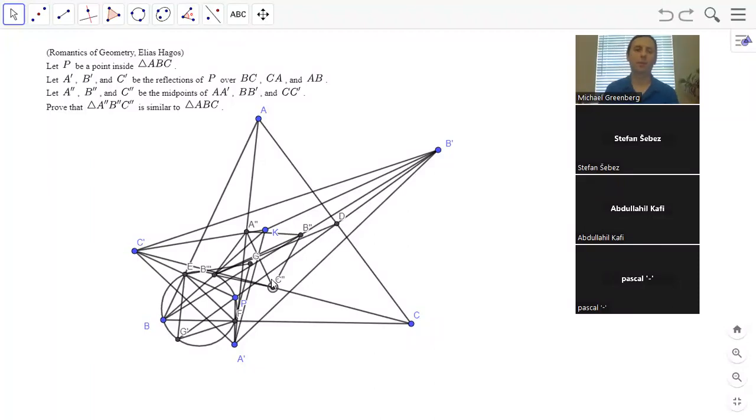Yeah, so, but yeah, that's one way to formulate it. We construct K in two different ways and we show they give the same point.